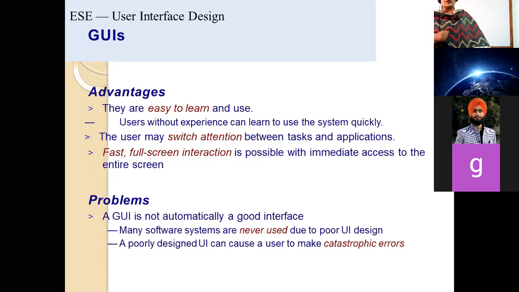A GUI is not automatically a good interface, because many software systems are never used due to poor GUI design. So there are software systems in the industry that were designed, but they were never used just because they have a very poor UI design.